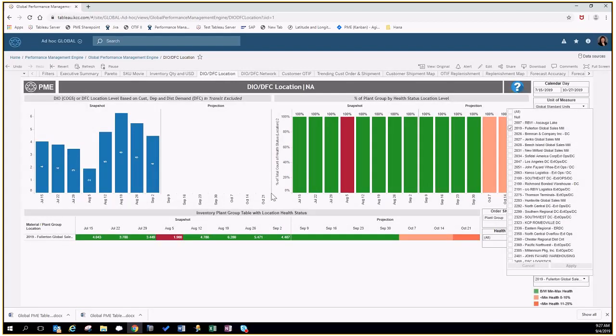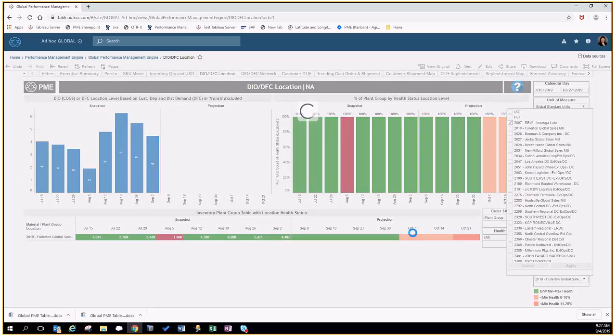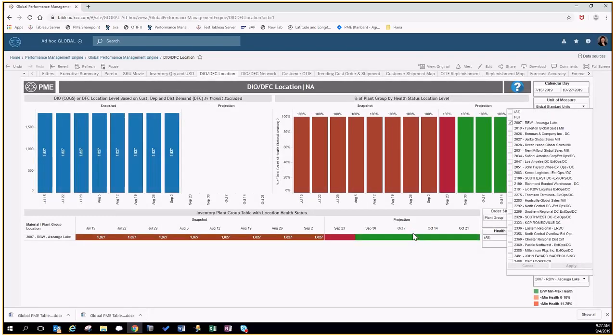Okay. Uh-oh, what happened to our projection? Masi, I think, well, I don't know, Masi, if we have an issue there too. Let me check.